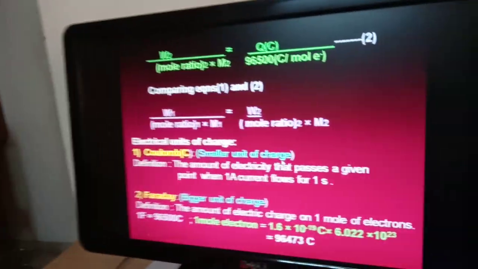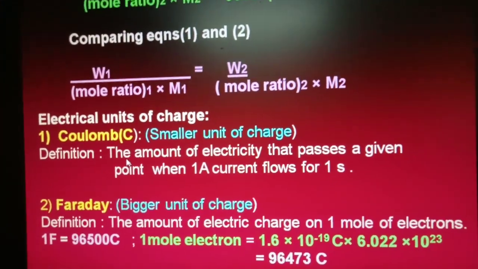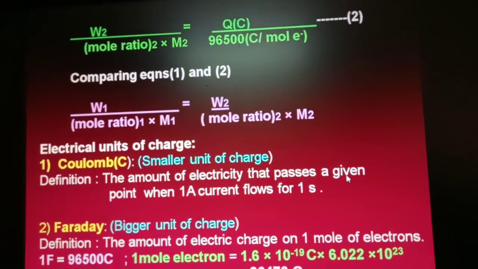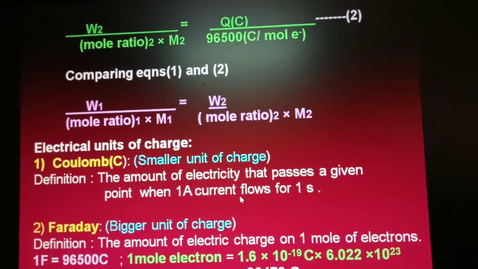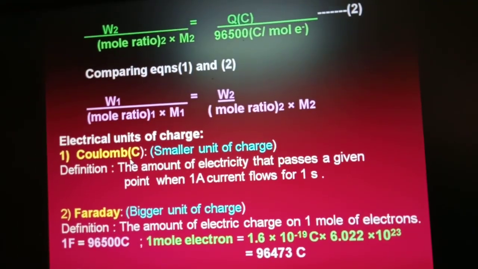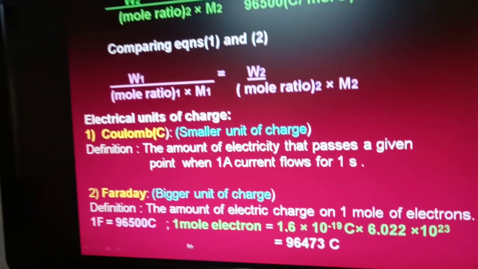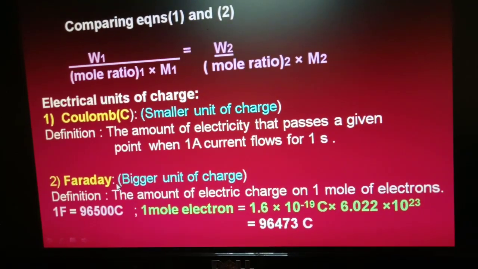It is considered to be the smaller unit of charge. The amount of electricity that passes a given point when 1 ampere current flows for 1 second is called a Coulomb. The next important electrical unit is a bigger unit of charge, which is called Faraday. The amount of electric charge on 1 mole of electrons is called a Faraday.